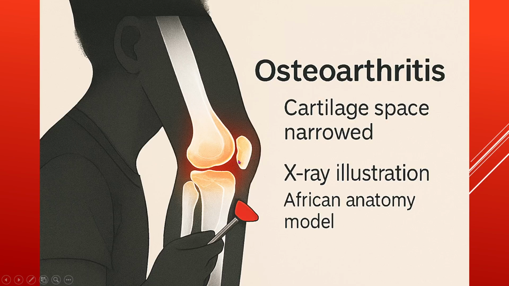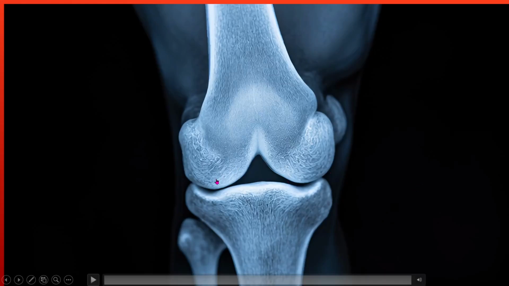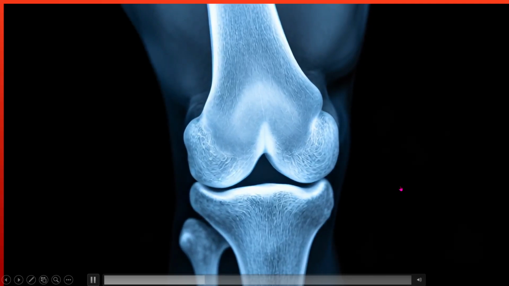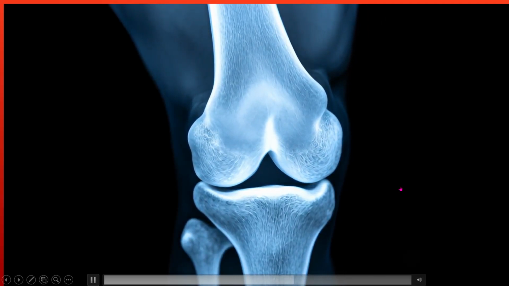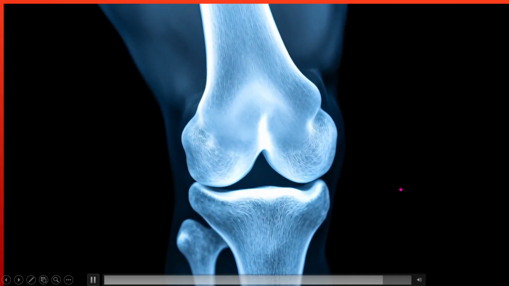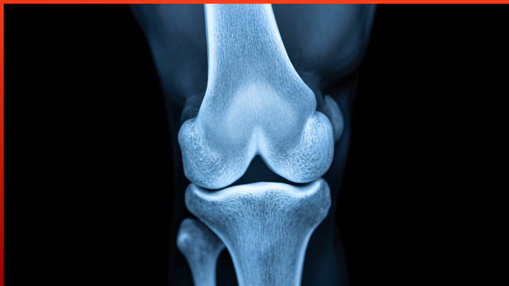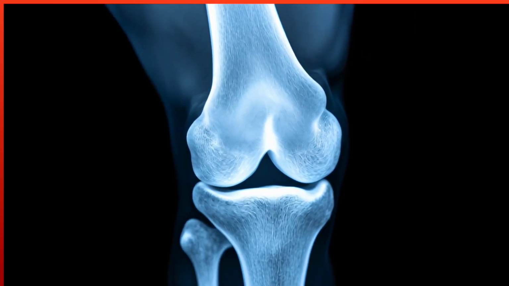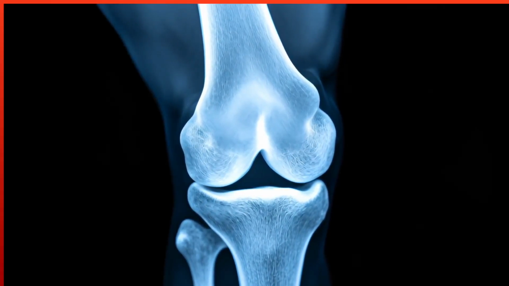The cartilage space is narrowed. The space between the bones in the knee is narrowed. Again, X-ray showing osteoarthritis.